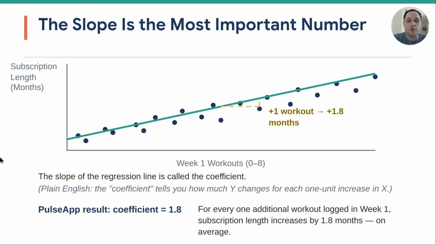That's the relationship quantified. A steeper slope would mean a stronger relationship. Each additional workout would predict even more additional months. A flat slope would mean no meaningful relationship. Workout count in week 1 doesn't really predict subscription length. The coefficient is the number that tells you which it is.